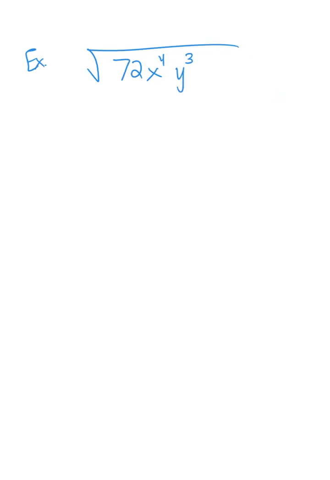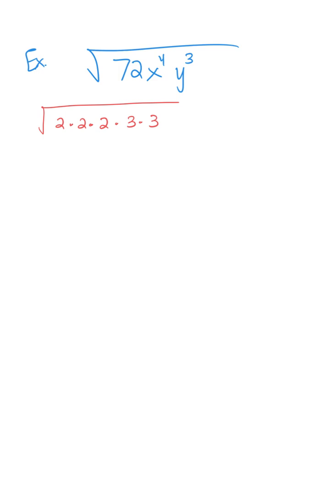And of course, we need to have problems where we do all of it together. So now we're dealing with the 72 as well as some variable stuff. So again, we know what 72 is because we did it at the very beginning. So we know that this is 2 times 2 times 2 times 3 times 3. So we can deal with that.